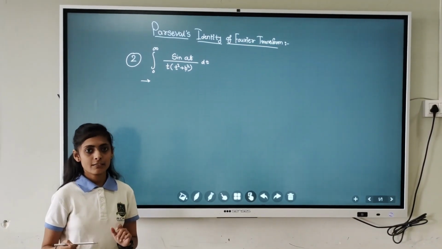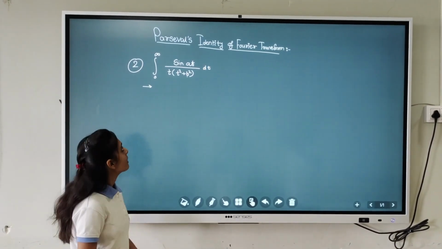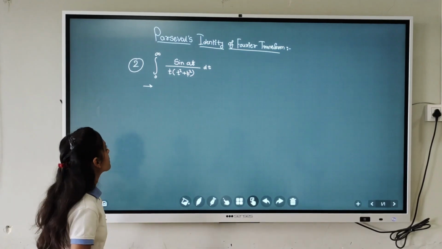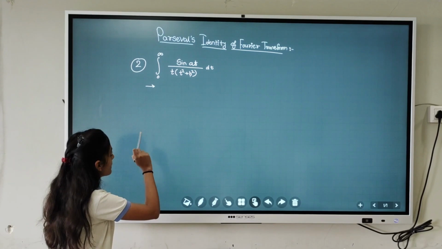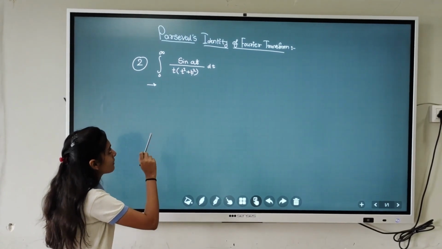I have roll number 181, and let's proceed with the next example of Parseval's identity of Fourier transform. So our example is the integral from 0 to infinity of sin at upon t into (t square plus b square) with respect to dt.